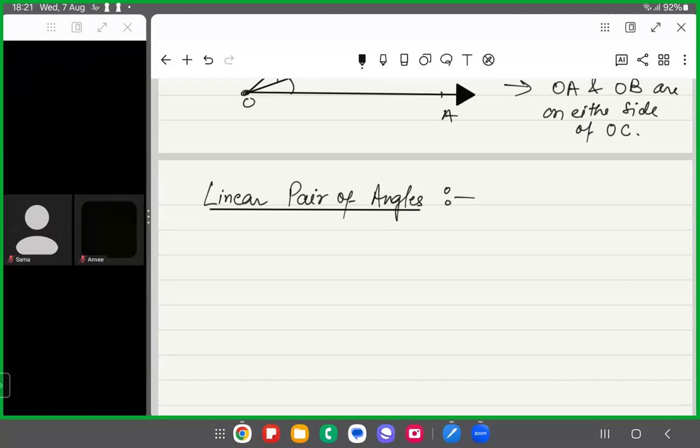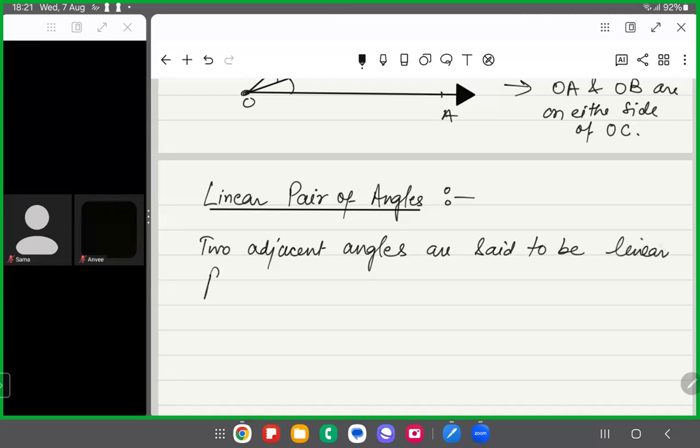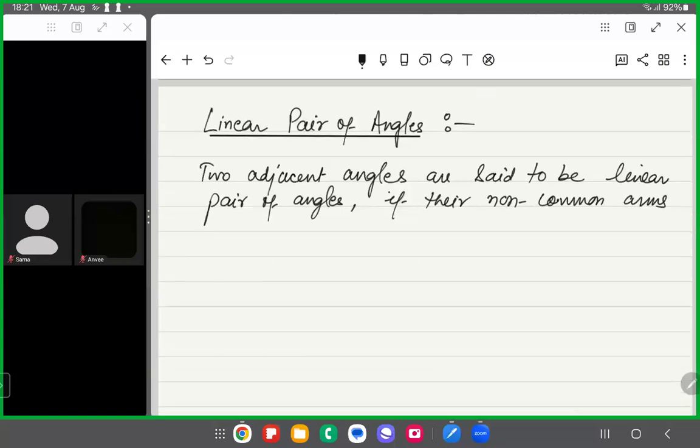This means the two non-common arms are making a straight line, they are two opposite rays in opposite directions. Let's see the example.